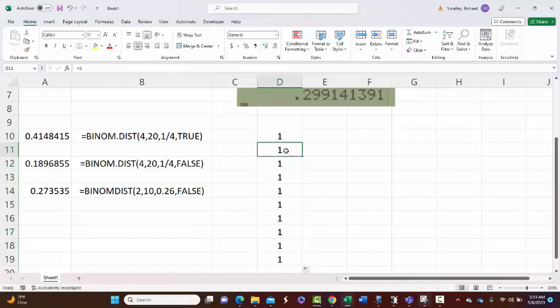It doesn't. I have to say equals D10 plus 1. Then I can drag it down. It'll keep adding 1. There could be other ways to make it work. A lot of times there's more than one way to do things in Excel. Little things. So, all right, I just want you to see that.